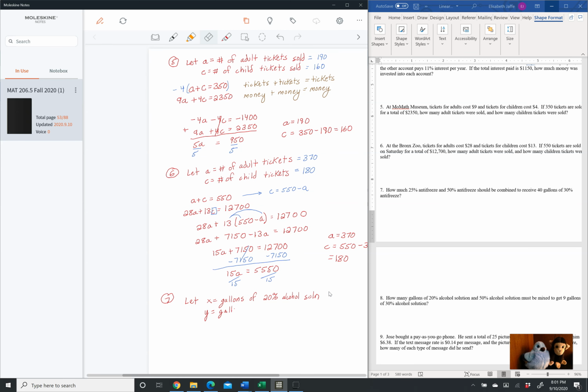Oh, I'm doing 7. So notice I don't really have to change anything. The difference is that we're using 25% antifreeze and 50% antifreeze.